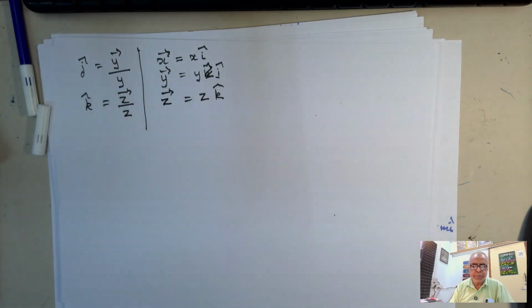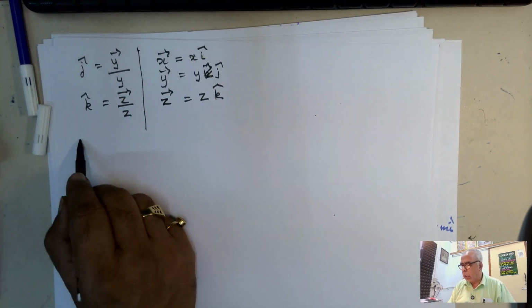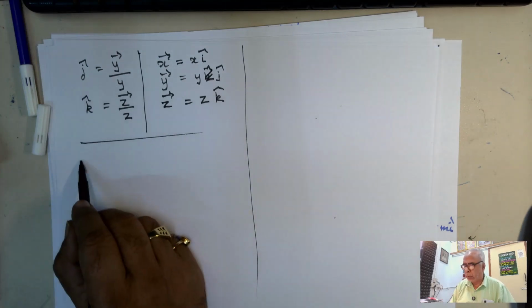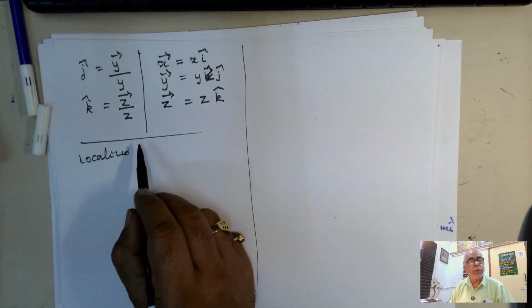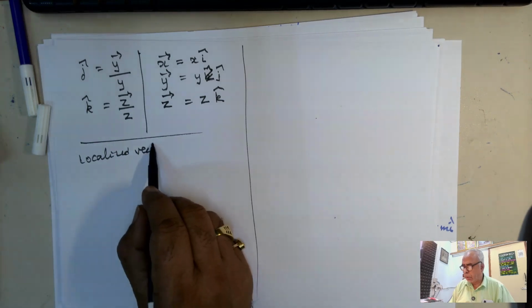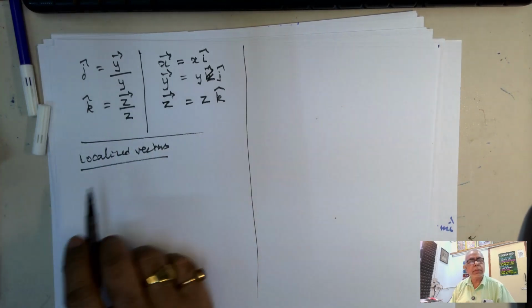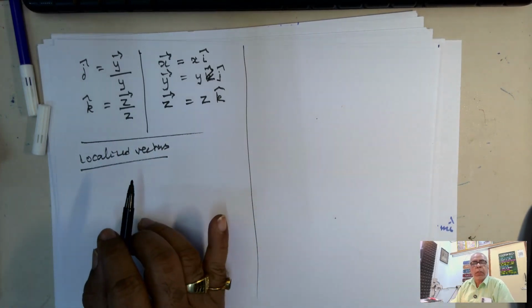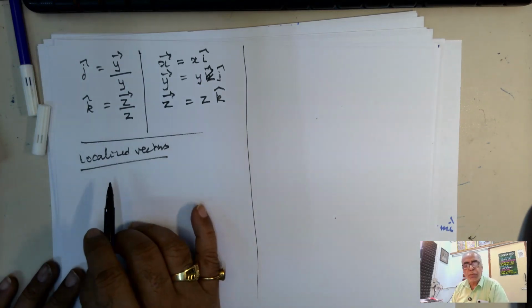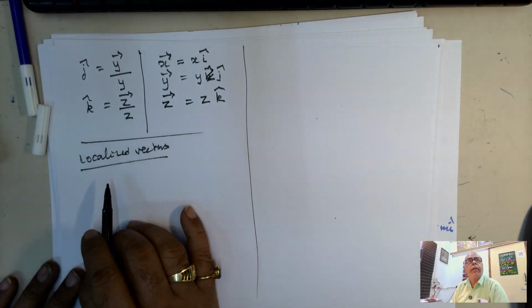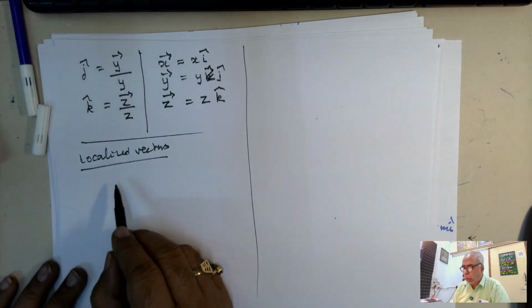Got it? Now, localized vectors. Next one. Localized vectors. These localized vectors are the vectors whose initial point is fixed, and that is known as localized vector.